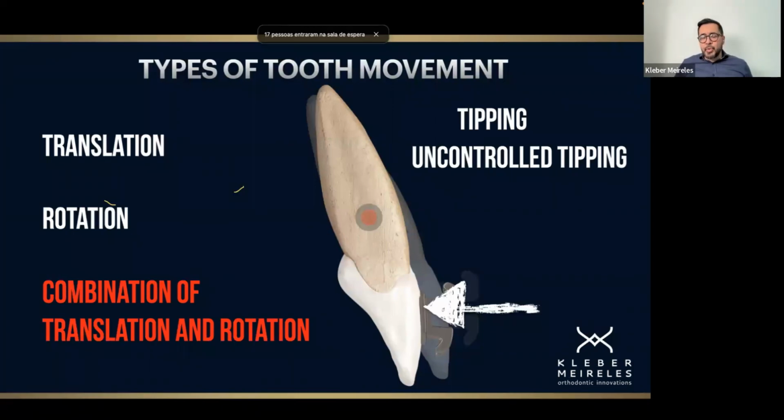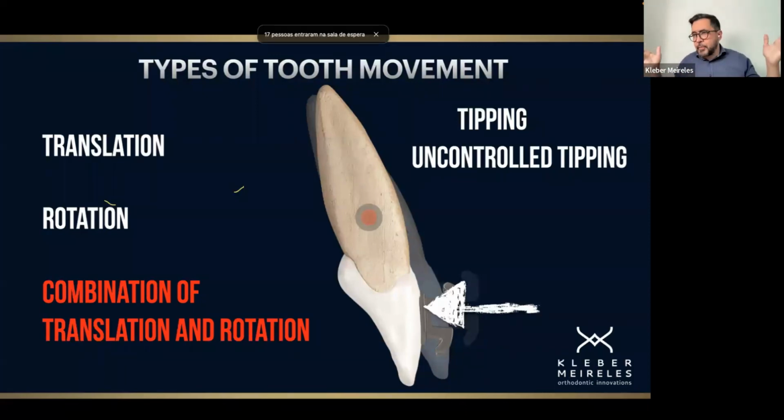Uncontrolled tipping is usually what we don't want in orthodontics. Let's say, for example, that we are doing the distalization of the upper teeth by means of doing a force at the level of the crown, and we can't control. We are not controlling this movement, just applying the force.